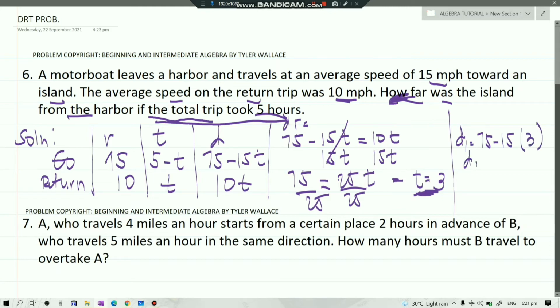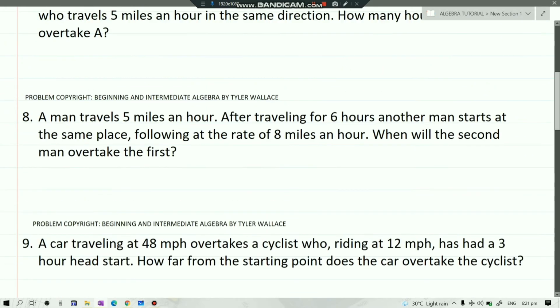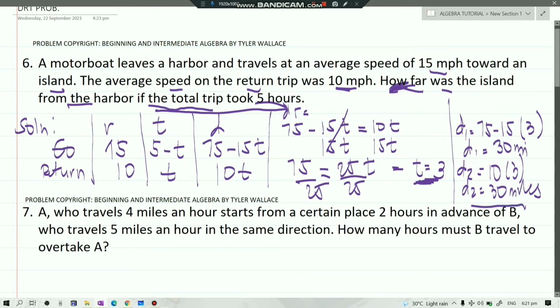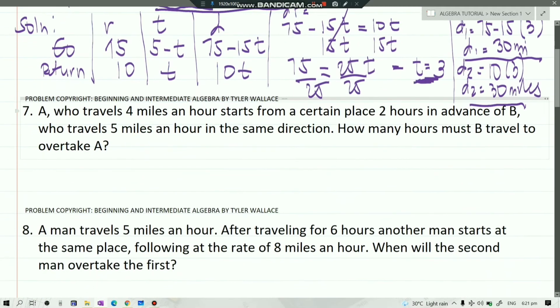So, ang d1 natin is 30 miles. And D2, for the return, so we have 10 times 3, so that is 30 miles. Okay? So, yun yung answer natin, D1 and D2. Okay? So, pareha silang 30 miles.